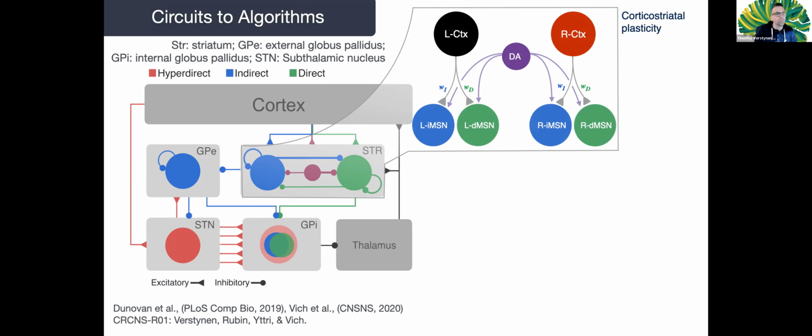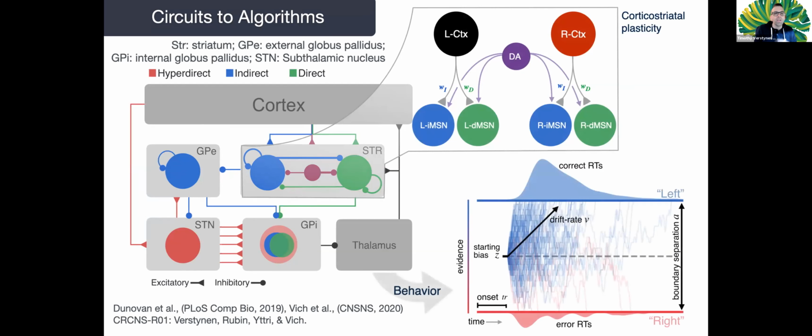We can model that behavior using cognitive models like the drift diffusion model. And what we can do is perturb the network in different ways and ask how perturbations in the network change the parameters of the cognitive model. This gives us a way of mapping between the microscopic dynamics of cortical and subcortical circuits to measurable behavior that we can then compare with humans and animals.